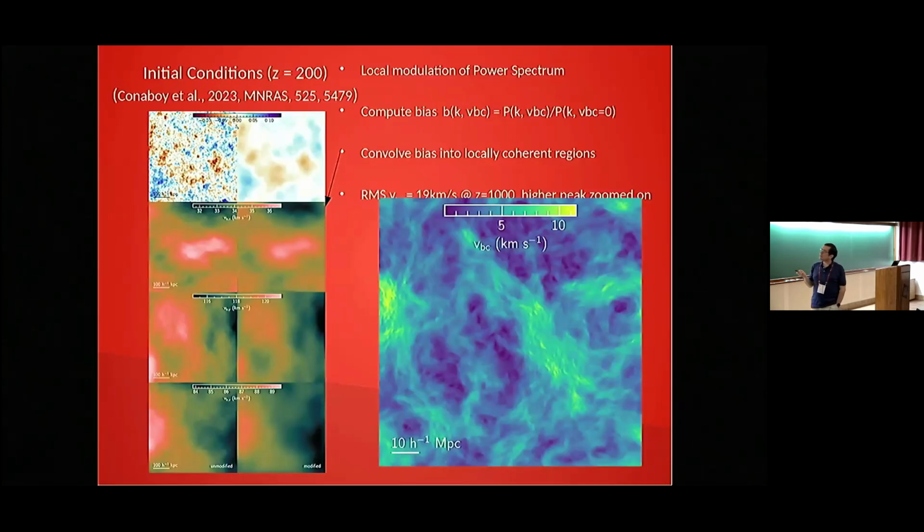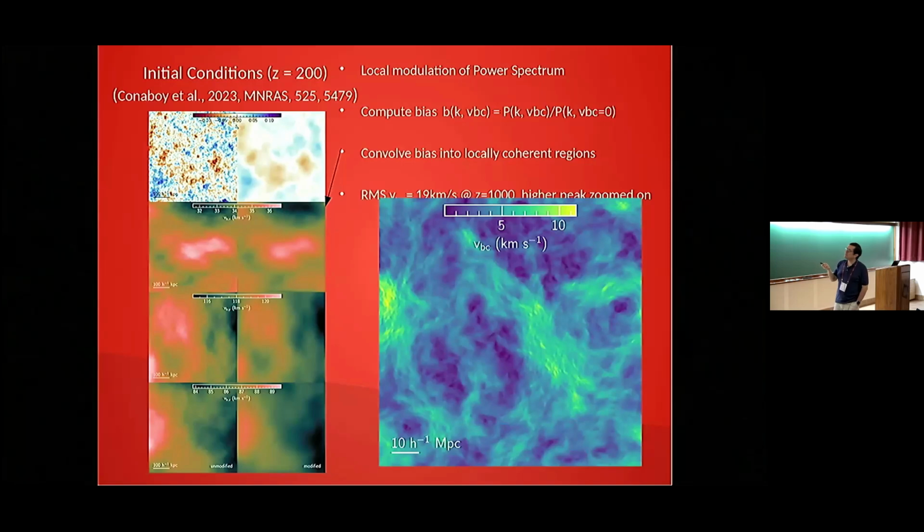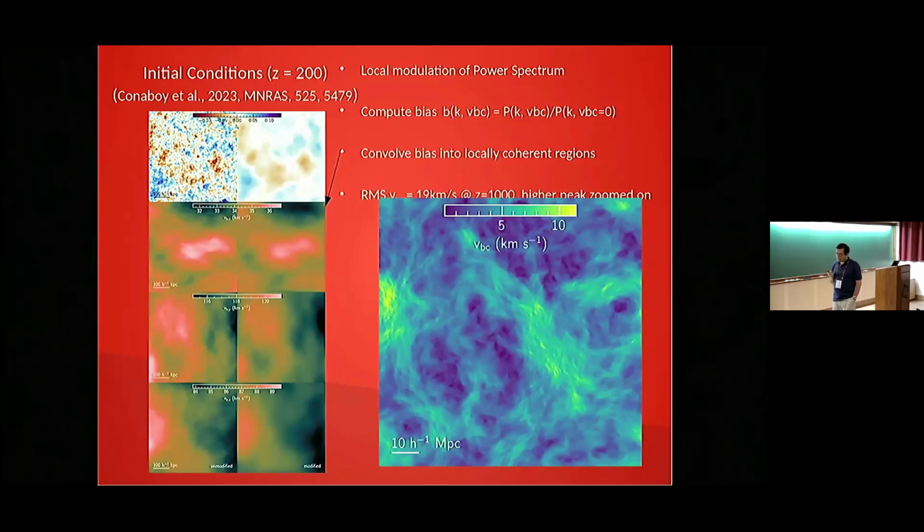And we created a method which I won't have time to explain in detail, but basically we introduced a kind of bias which accounts for the relative velocities. And then we introduce this in the initial conditions. So from this kind of initial condition for density, you start getting this, taking into account the relative velocities.